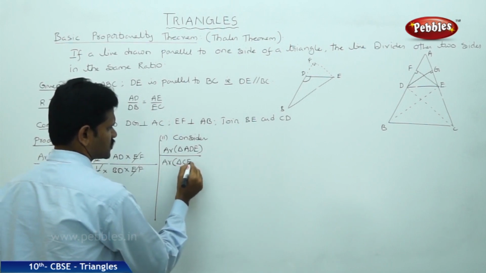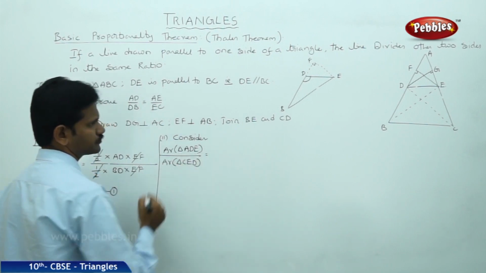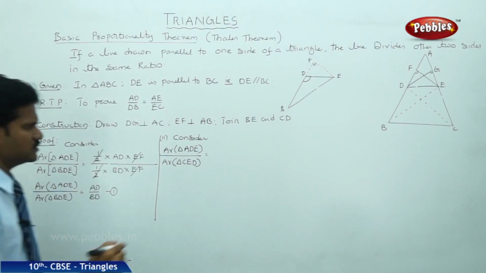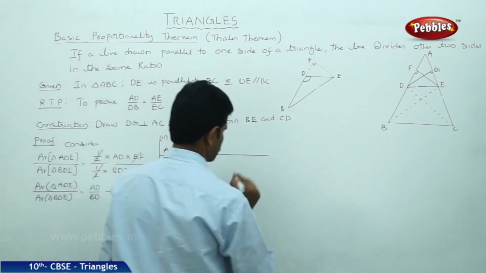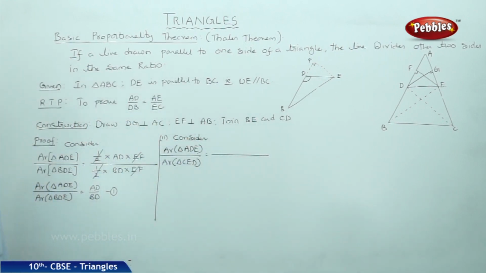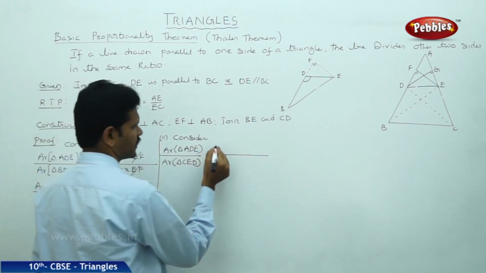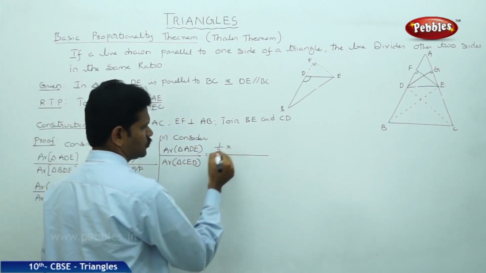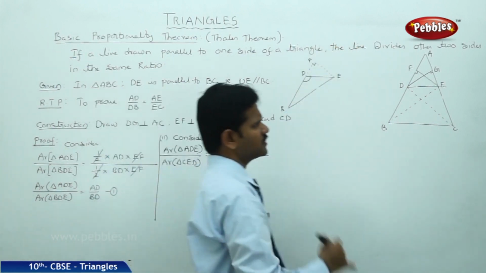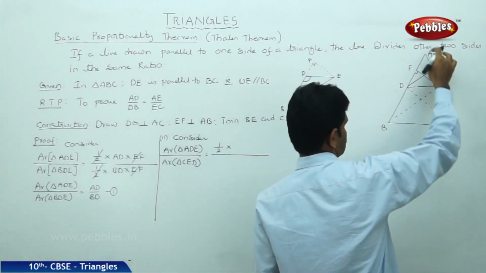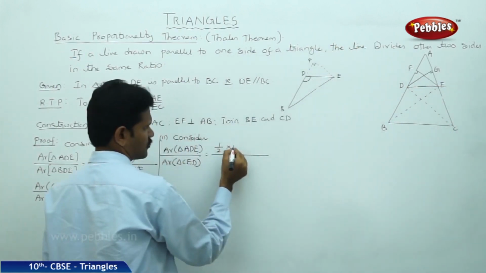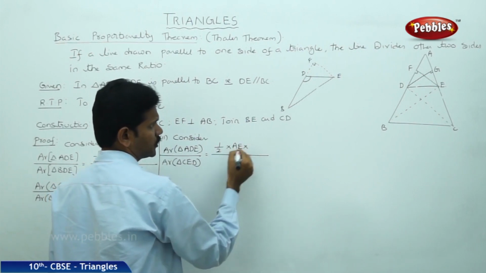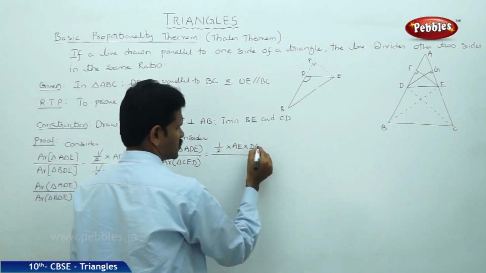Area of triangle ADE is half into base AE into height DG.